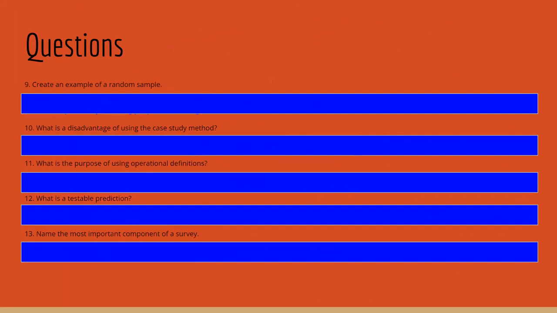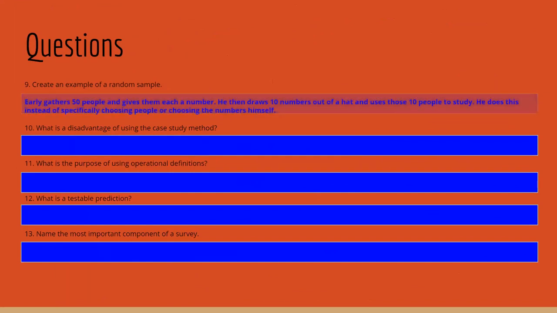We have more. Create an example of a random sample. Early gathers 50 people and gives them each a number. He draws 10 numbers out of the hat and uses those 10 people to study. He does this specifically instead of choosing the numbers himself. What that means is, what if you just said, I'll just choose 1, 2, 3, 4, 5.